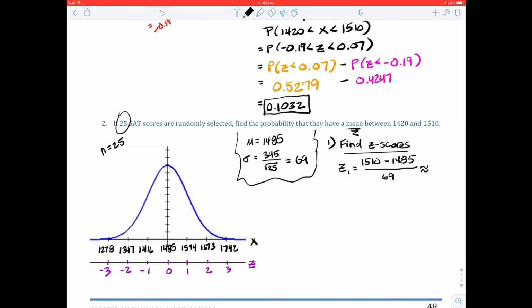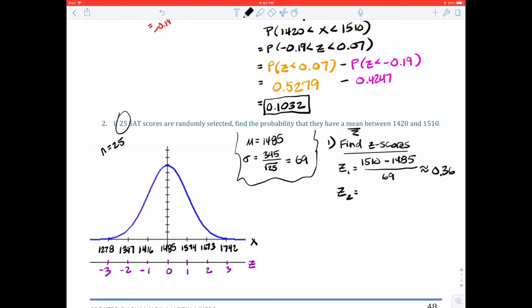Just go ahead and do that. So that's approximately 0.36.